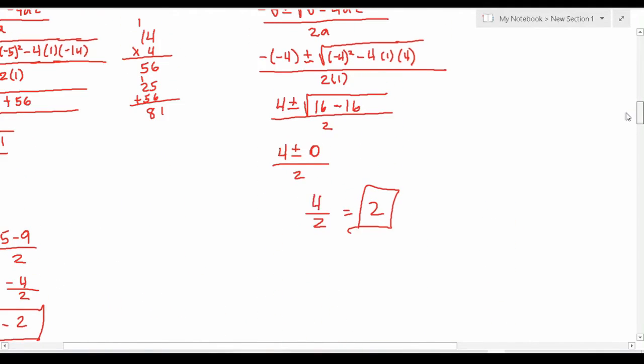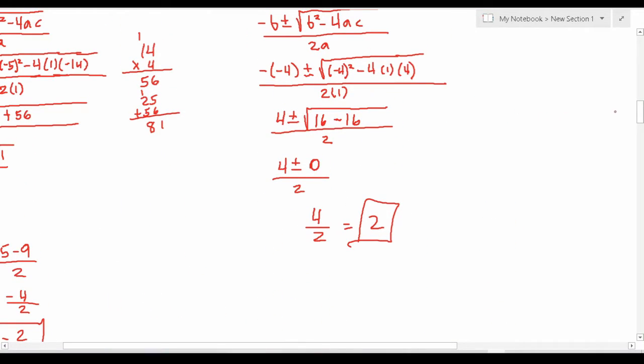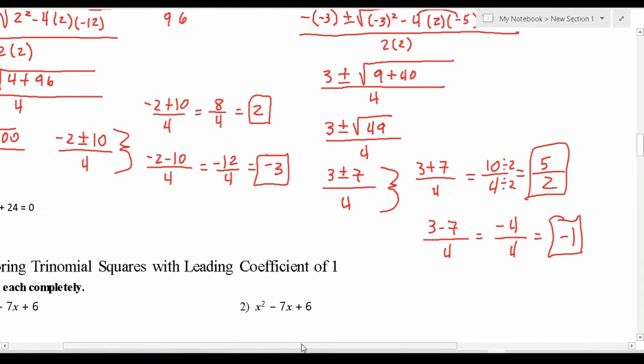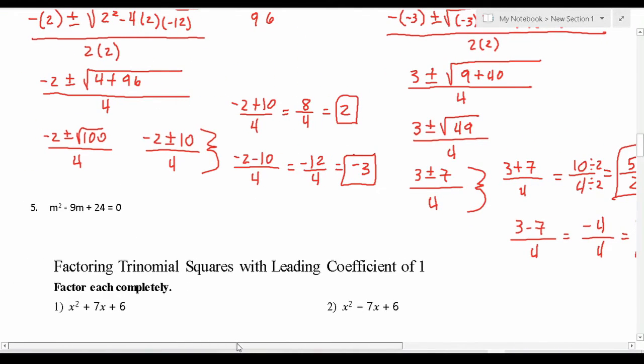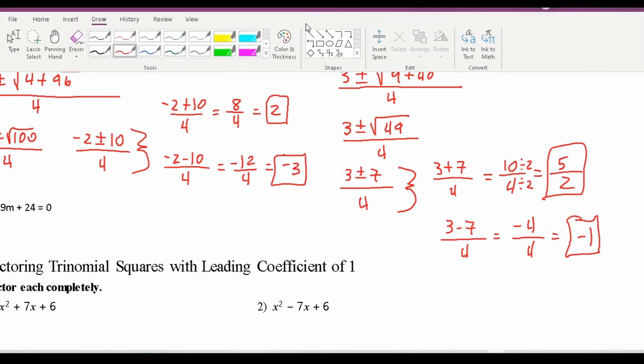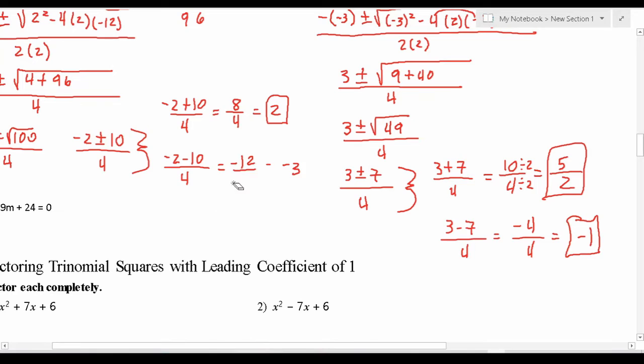Okay, so let's go ahead and work on number 5, and we're going to do that off to the side since we're running out of room here. Let's go ahead and erase this so we can work on that one.